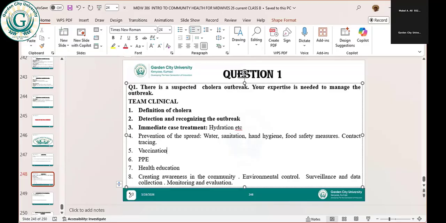Team Clinical, the environmental control, what is it? Mabel, the environmental control. The environmental control, what do you mean?